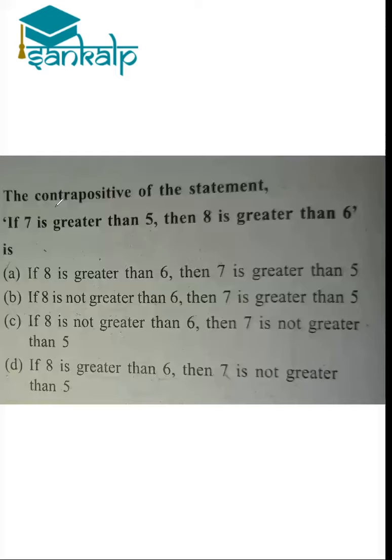Next question, the contrapositive of the statement, if 7 is greater than 5, then 8 is greater than 6. Okay, so if 8 is not greater than 6, then 7 is greater than 5.